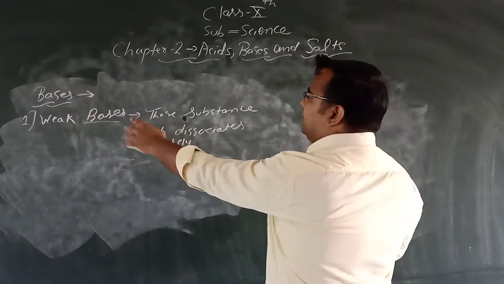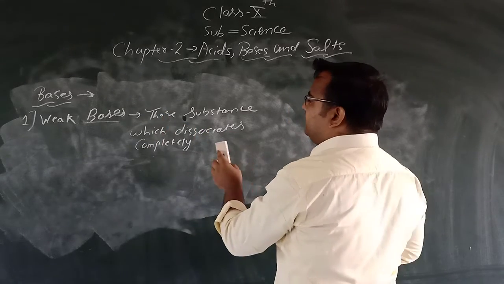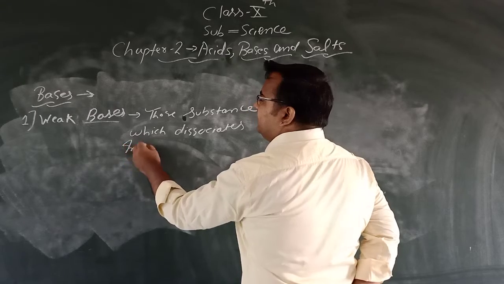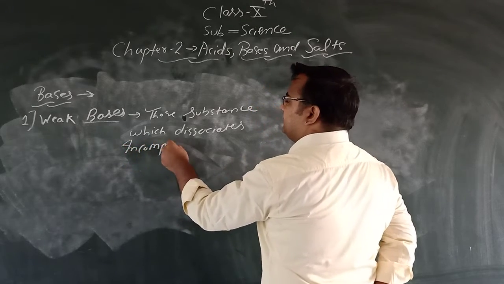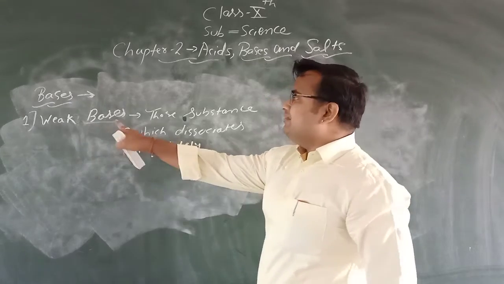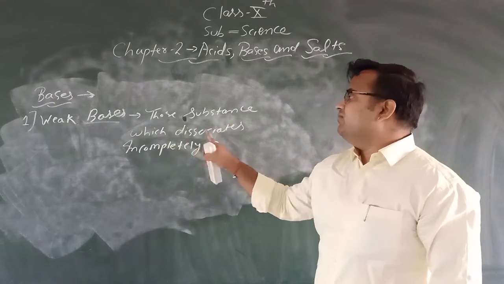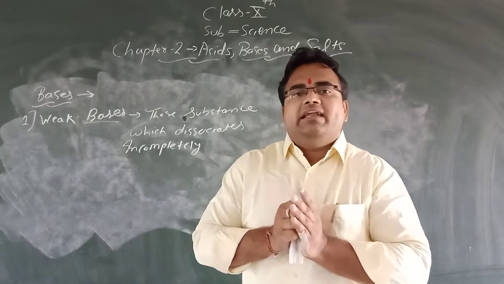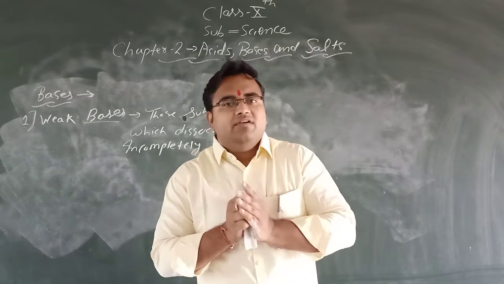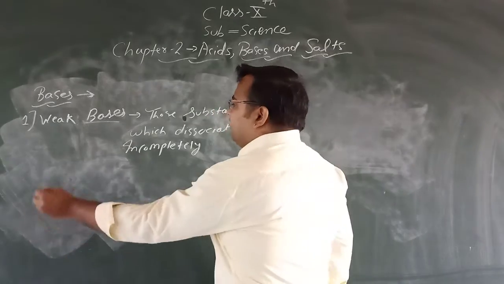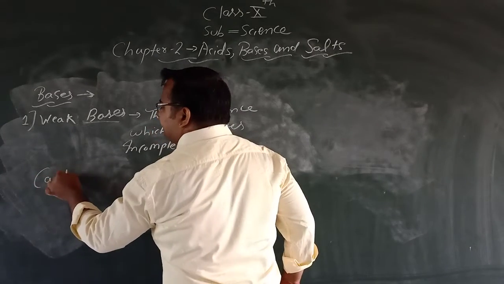Second is weak bases. Weak bases are those substances which dissociate incompletely. That means they do not dissociate completely into their aqueous solution. We can take the example of a weak base as calcium hydroxide.